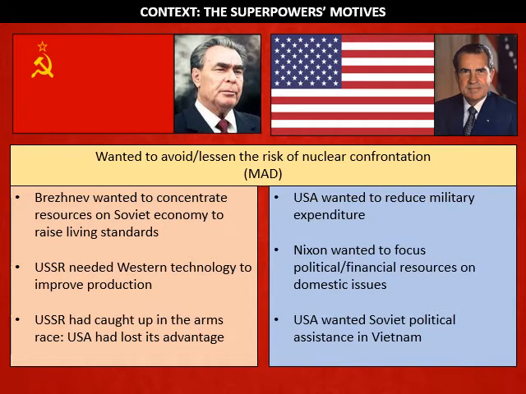And part of Nixon's promise at election was that he would be able to remove America from the Vietnam War. And he hoped if he could get on better with the Soviet Union, that the Soviet Union would give him political assistance with their communist allies in Vietnam to bring the war to a close.